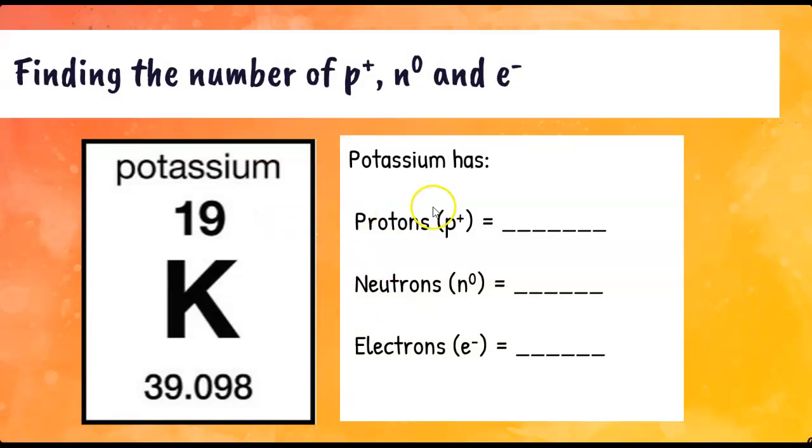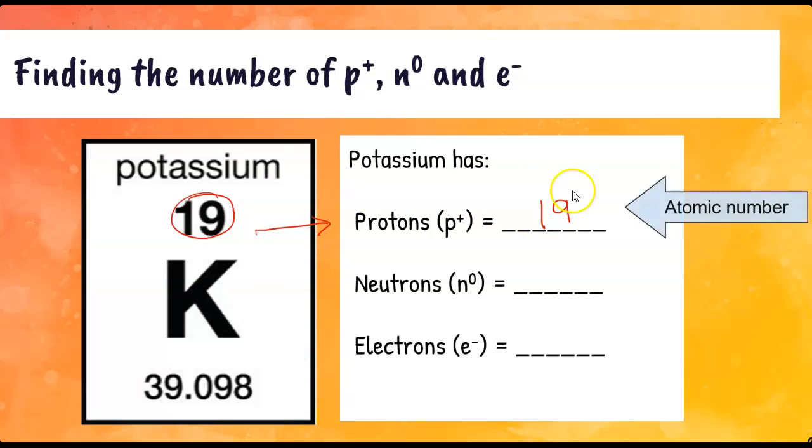All right, so let's find out how many protons, neutrons, and electrons are in potassium. So we know that the atomic number tells us the number of protons, and we know that in a neutral atom, the number of protons has to equal the number of electrons, so we're going to put that down here, okay? And then we're going to use the mass number to find our number of neutrons. Remember that equation we wrote before, and I'm just going to put my work at the bottom here.